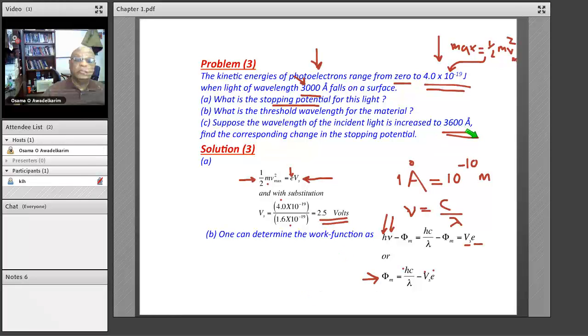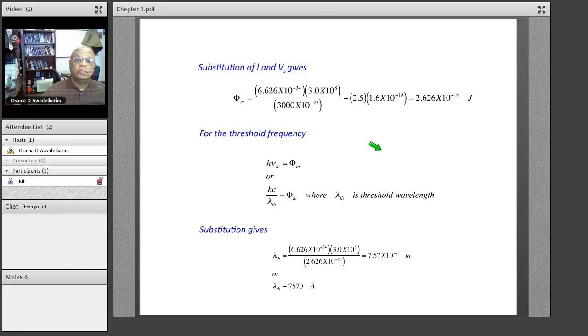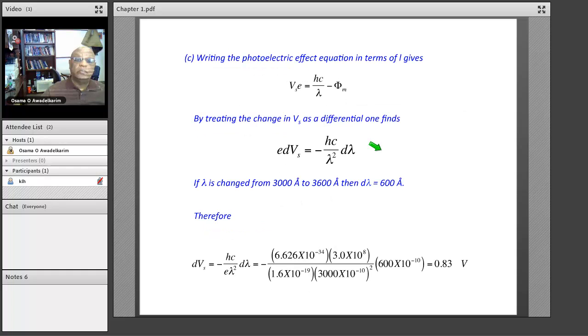Now, you remember, if we increase it to 3,600 angstrom, find the corresponding change in the stopping potential. So now we want to change lambda. This is the equation: the stopping potential times e is equal to hc over lambda minus phi m.